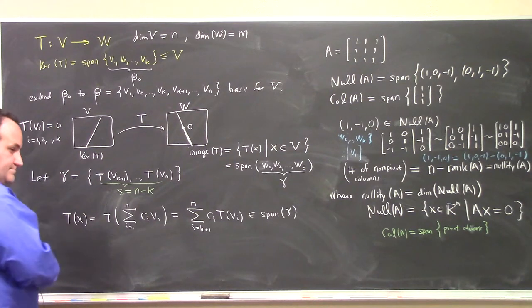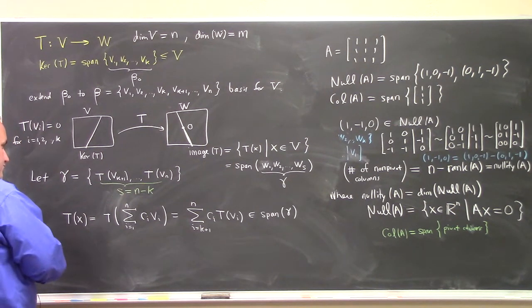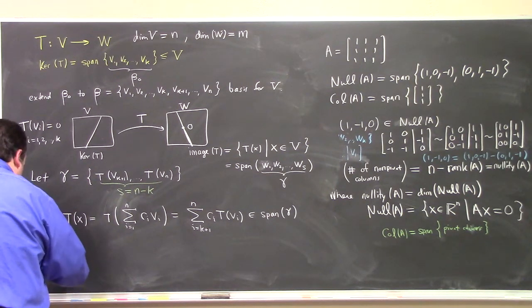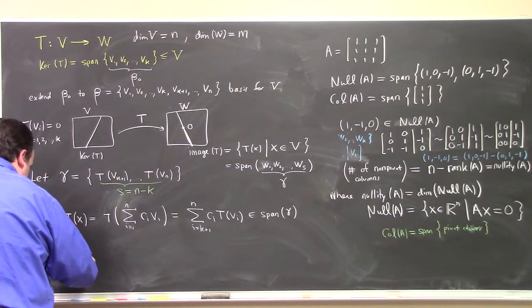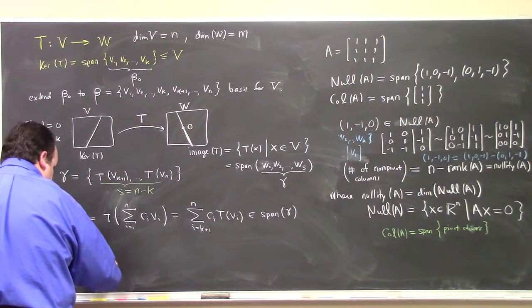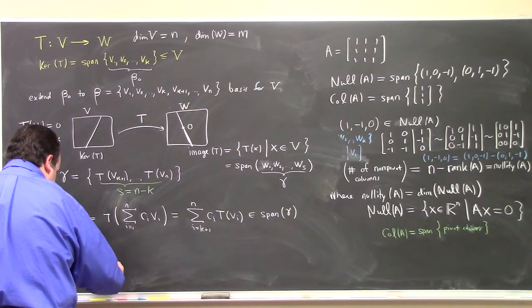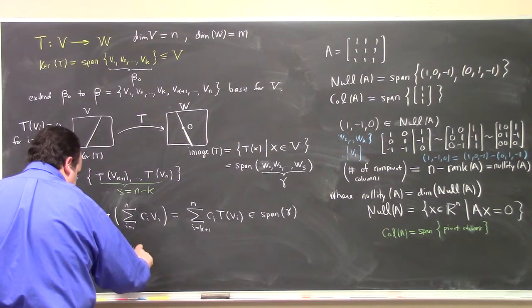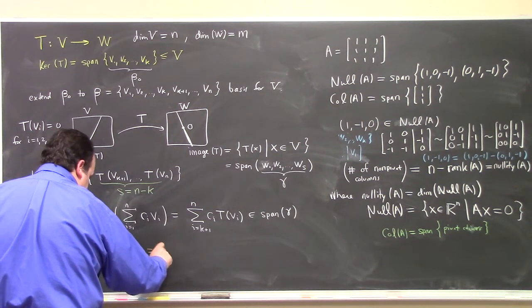Well, we already took away the zero stuff, so all we have to do is show that they're not additions of each other. Okay, so let's suppose that the sum i equals k plus 1 to n of ci T of Vi is equal to 0.